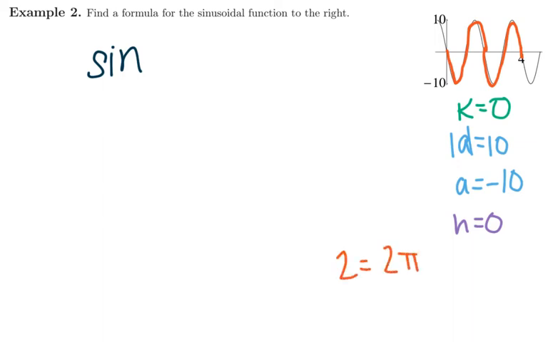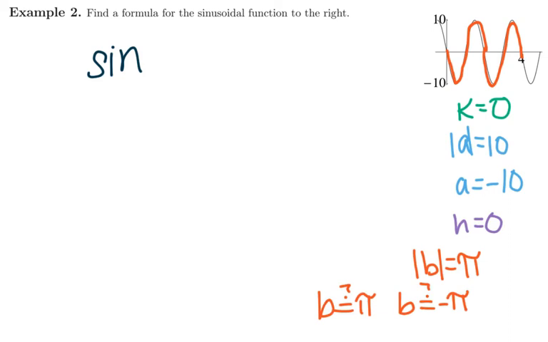So I know that 2 equals 2 pi over the absolute value of b. I then get that the absolute value of b equals pi. That means my b can either be positive or negative pi. Well, remember, for our horizontal stretch and compression, a negative means that we've reflected across the y-axis.